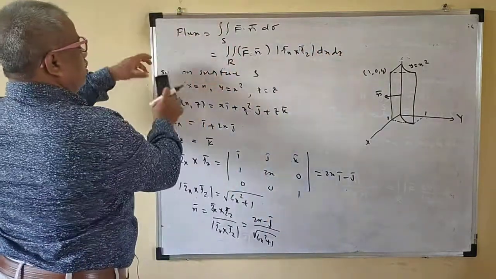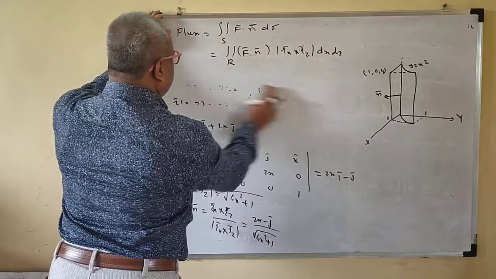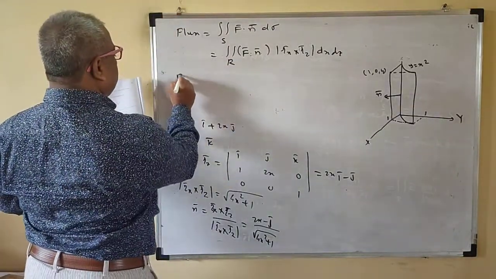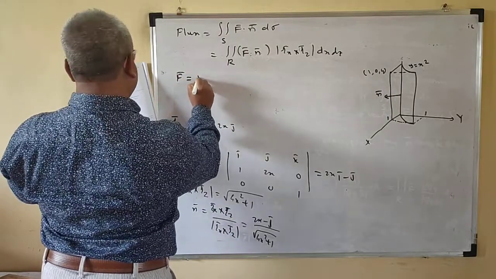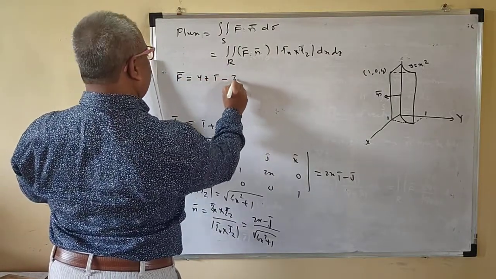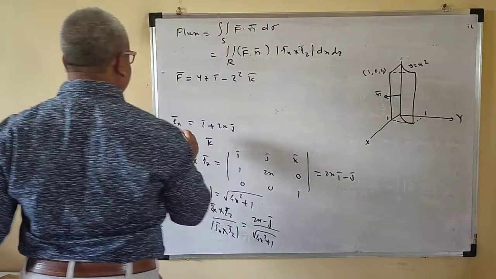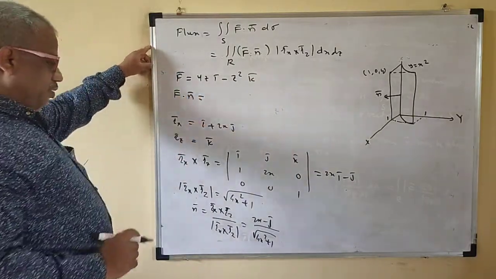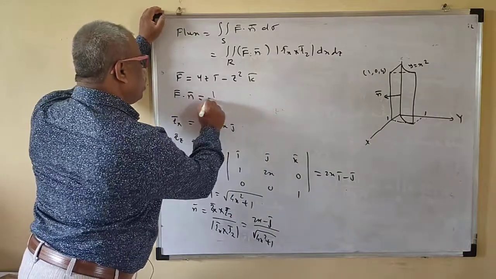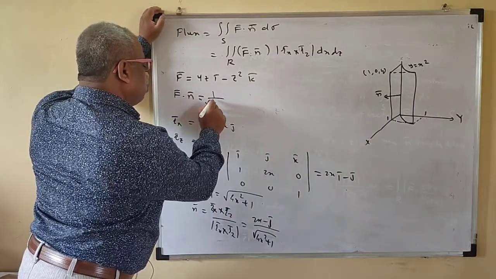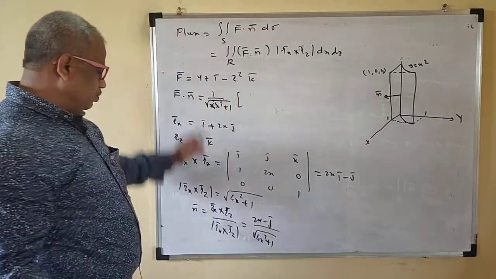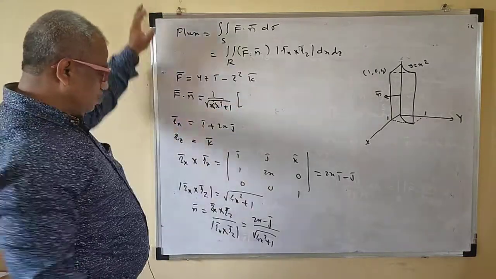So what is your F bar? F bar is provided to you. F bar is equal to yz i bar minus z square k bar. What is F bar dot n bar? The factor 1 upon root of 4x square plus 1 will be as it is. No problem for this one. We take a dot product of these two vectors.